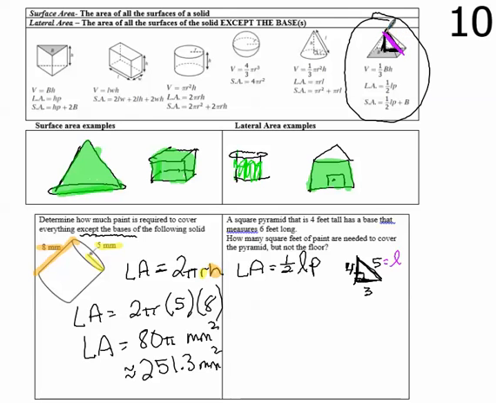There's the height, and then there's the slant height. P, perimeter, add up all of the sides of the base.